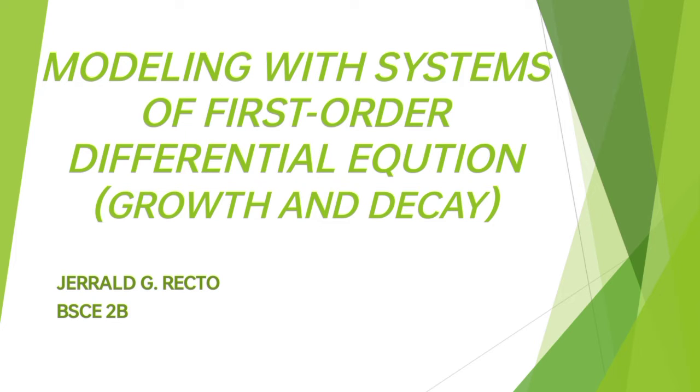Growth and decay. In order to solve a more general type of differential equation, we will look at a method known as separation of variables. We all know that separation of variables is covered in Module 2, and this topic builds on past Calculus 1 and 2, which were already discussed.